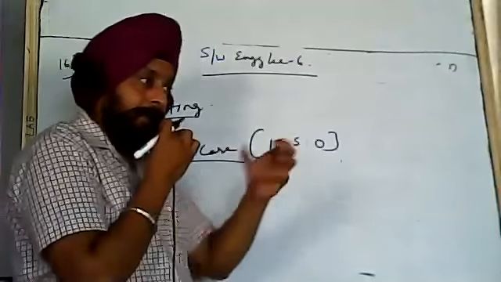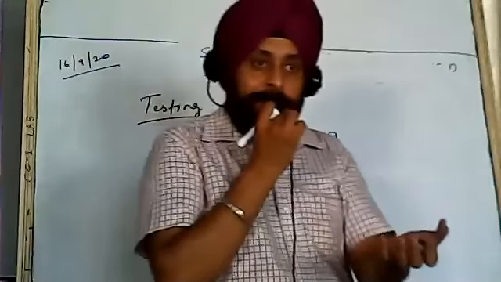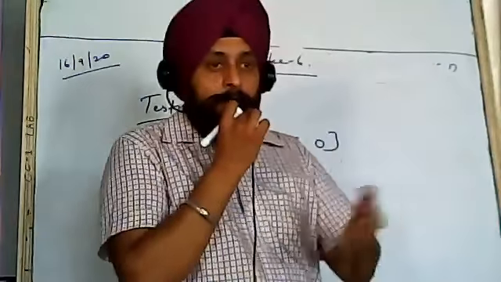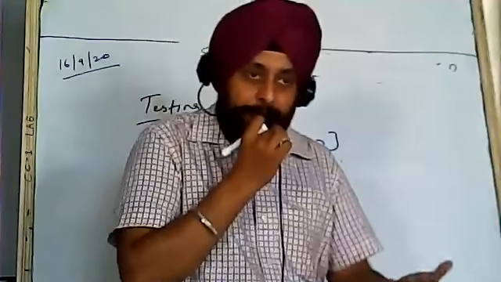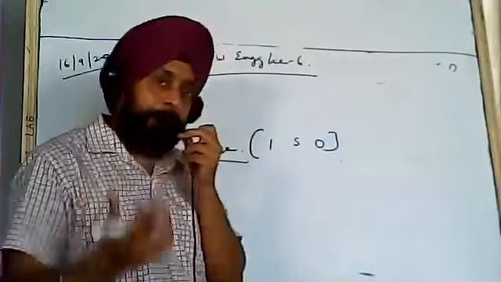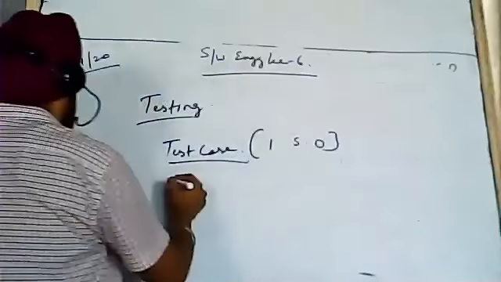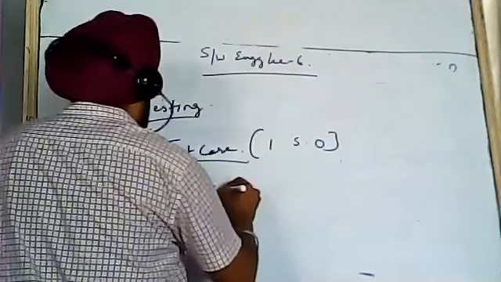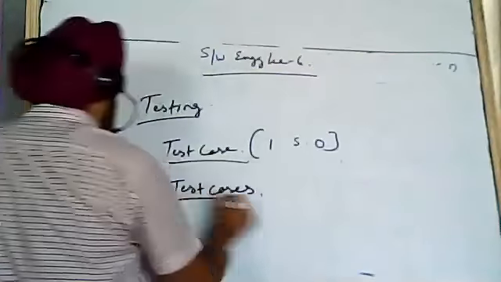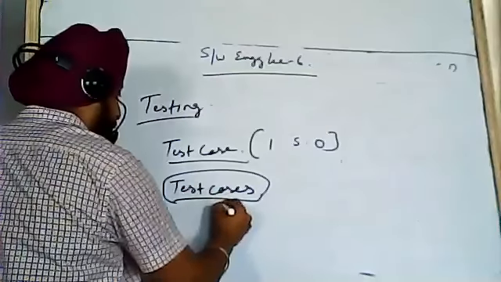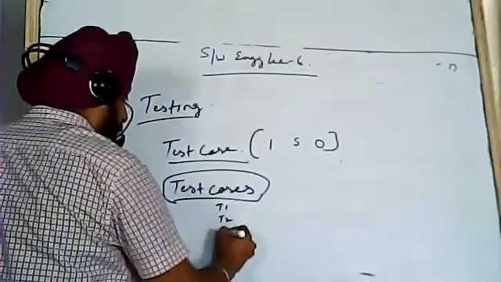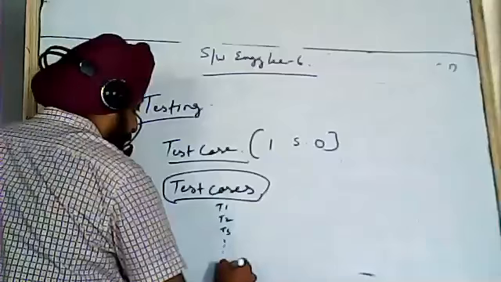A test case finds one type of error, but a code has different types of modules, so it may have different types of errors. To deal with different types of errors, we make different test cases: test case 1, test case 2, test case 3, up till test case n.